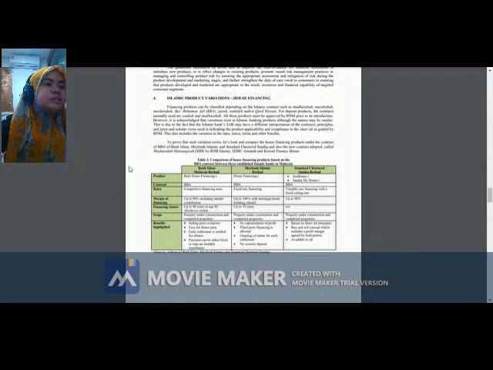In the journal, they also mention the BAFIA, the FIA, and SAC. BAFIA stands for the Banking and Financial Institutions Act 1989.